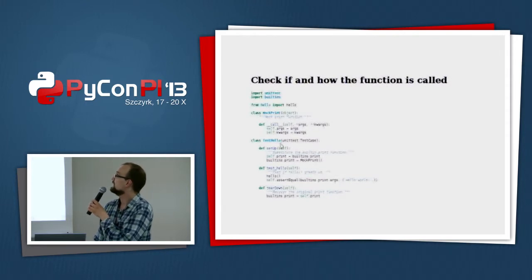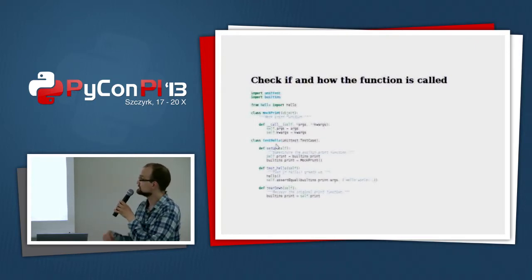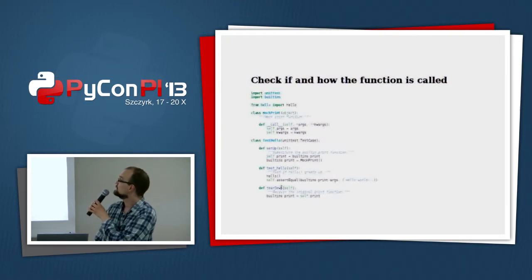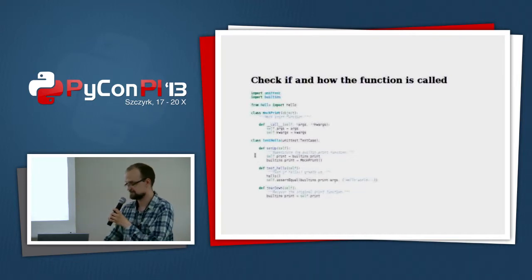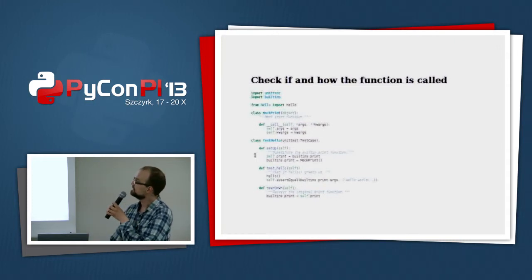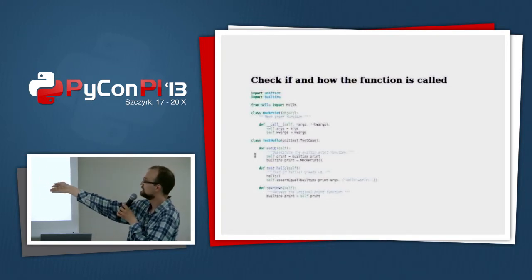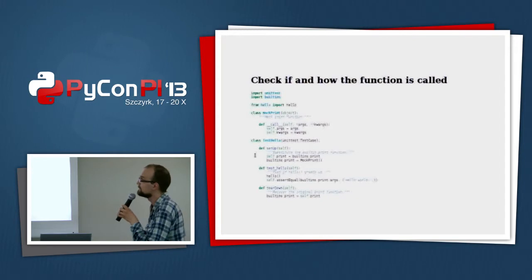Next, we create a test case, which inherits from unittest TestCase. We will use nose tests to run it, so we can use these setUp and tearDown functions, and this function, which begins with test. Nose tests will recognize that it needs to first run the setup, then run the test, and then clean up after itself with tearDown.